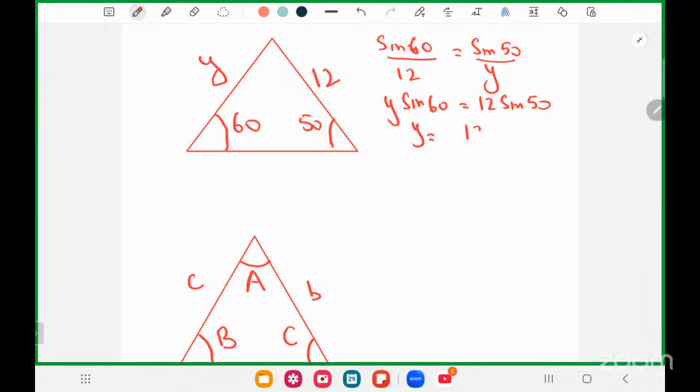Y is 12 sin 50 upon sin 60. 12 sin 50 divided by sin 60 is 10.6 units. I hope this is clear and I hope this makes sense.